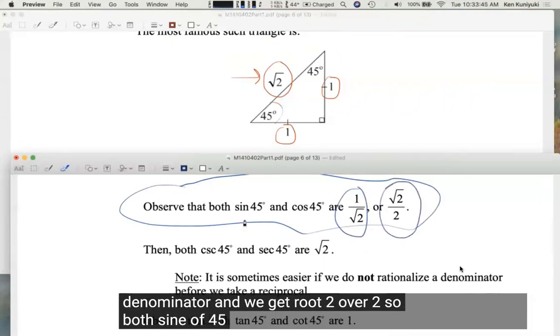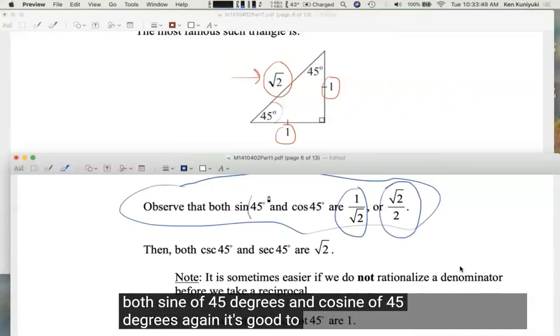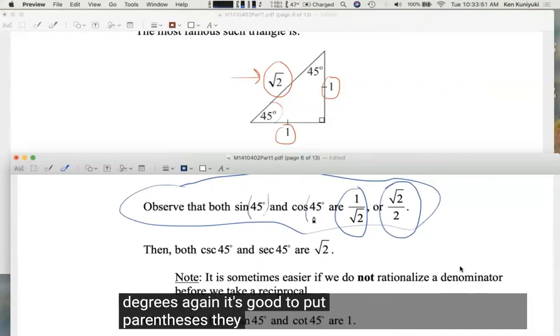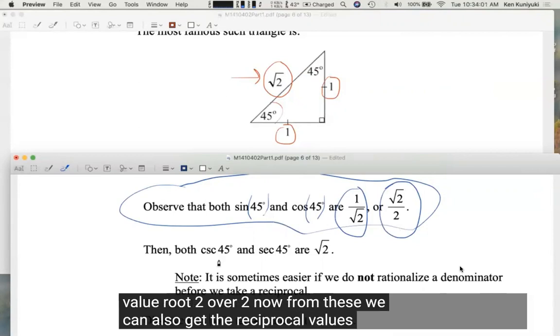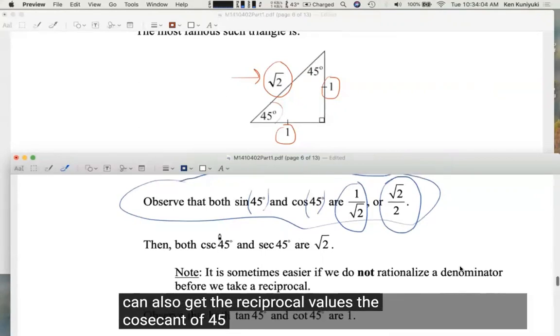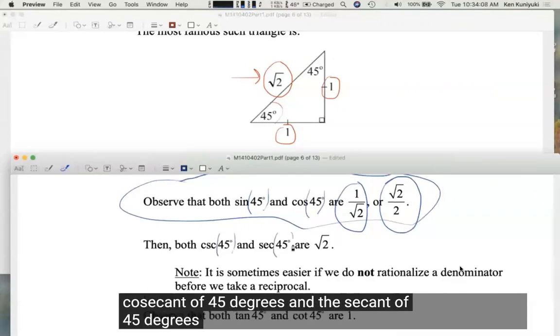So both sine of 45 degrees and cosine of 45 degrees, again, it's good to put parentheses, they both have as their value root 2 over 2. Now from these, we can also get the reciprocal values, the cosecant of 45 degrees and the secant of 45 degrees.